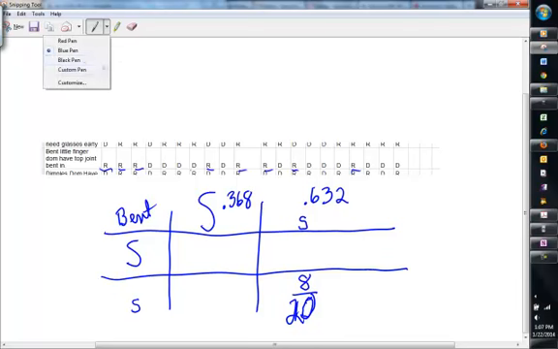Okay, so now we can fill in the other boxes. Oops, I forgot to write in the other numbers. So this is 0.368, and this is 0.632.